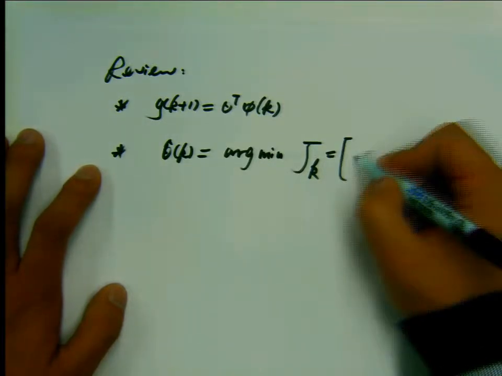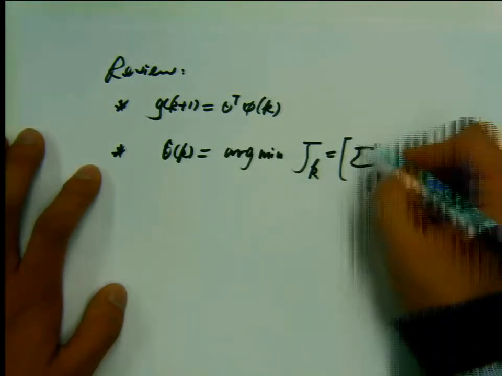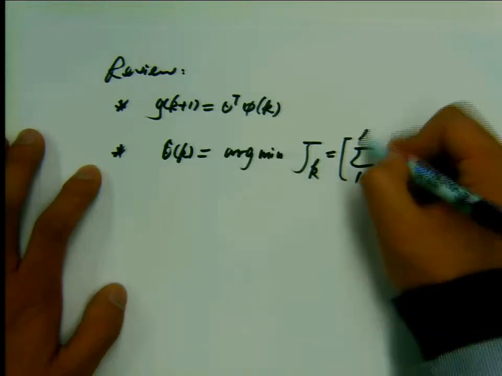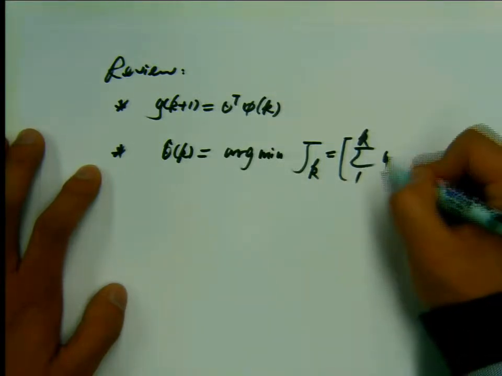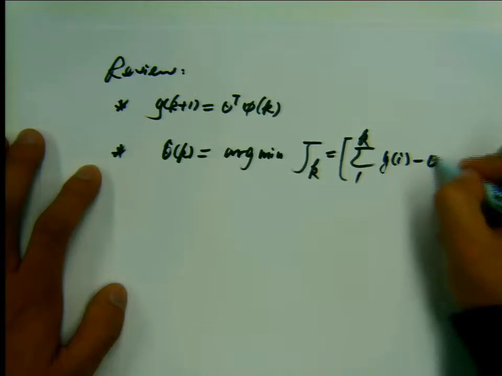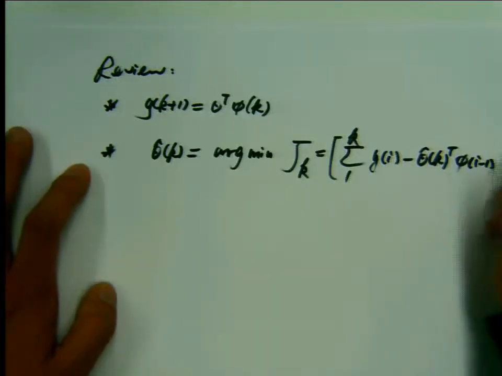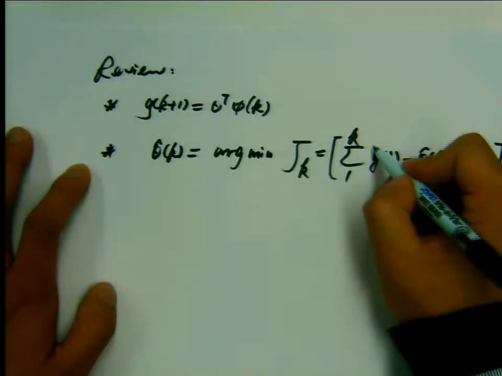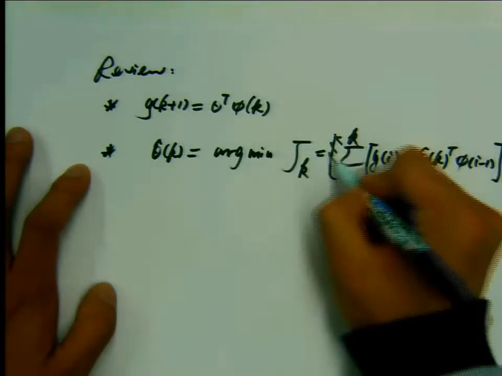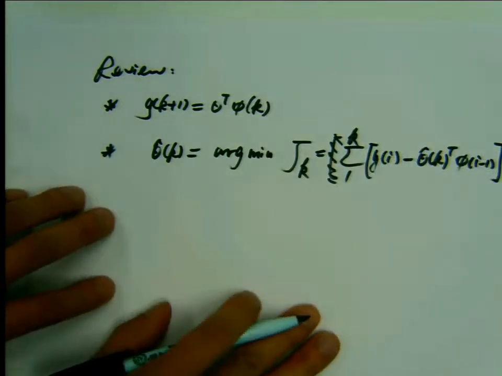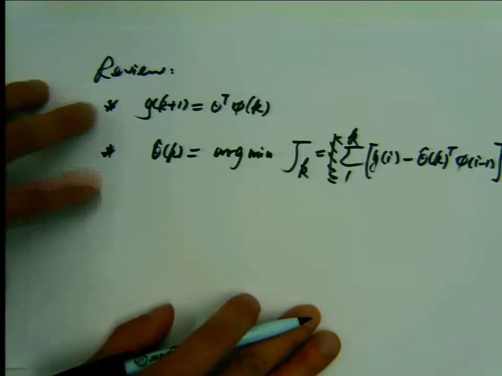So these are the important facts: summation from 1 to k of (yi minus theta hat k transpose phi) squared. Okay, these are the most important parts of this recursive least squares problem.